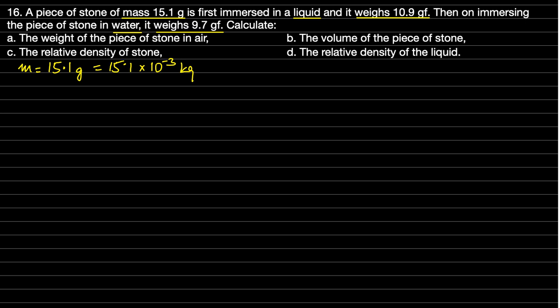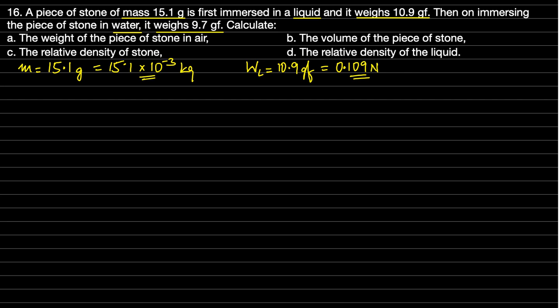Weight in liquid, so WL, will be 10.9 gram force. Again we need to convert this gram force to newtons. So we divide by 100. So we get this as 0.109 newtons. So weight in liquid is 0.109 newtons.